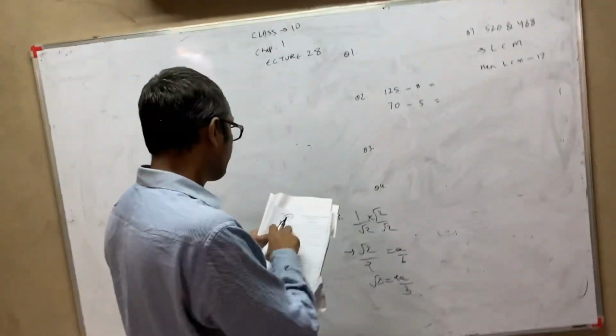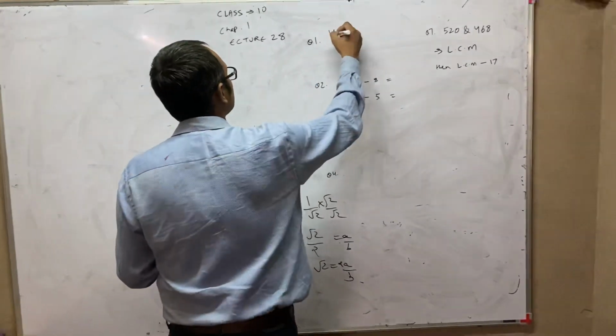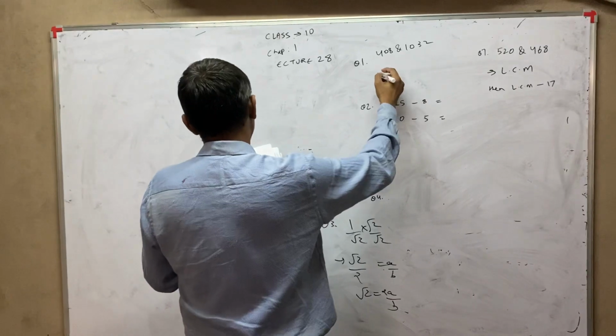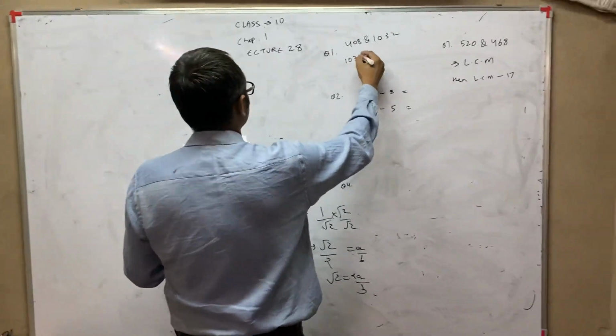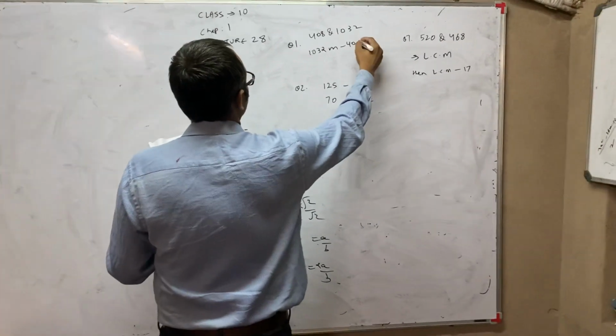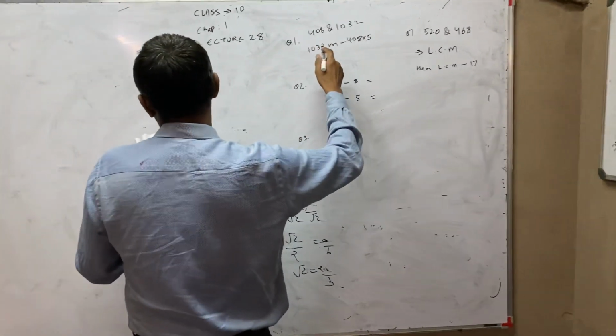First question is, if HCF of 408 and 1032 is expressed in the form 1032m minus 408 into y, find the value of m.